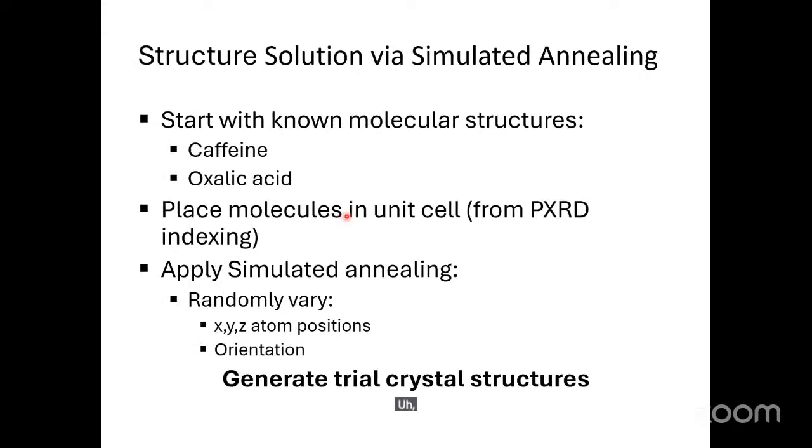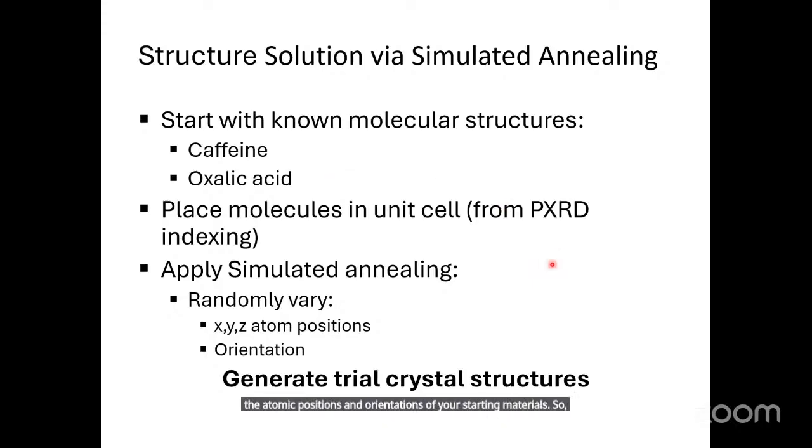The simulated annealing step: what you get from the lattice structure is just the box, basically. Then when you go to simulated annealing, that's when you have to assign the atomic positions and orientations of your starting materials.